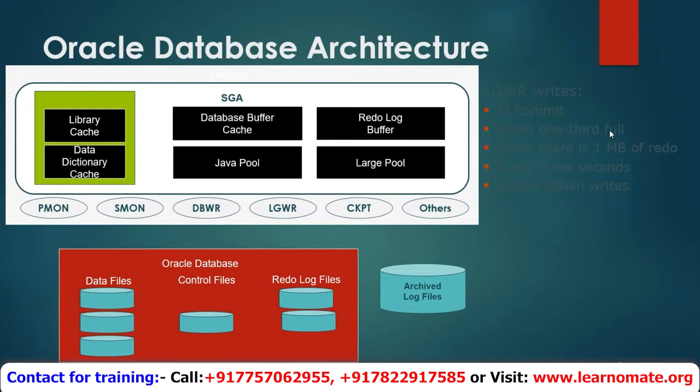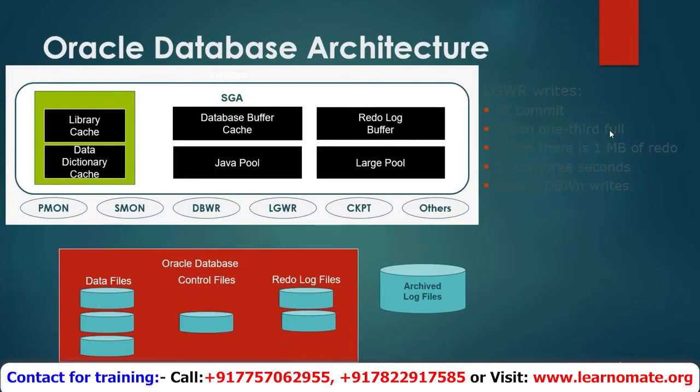Now, the redo log file is used for redo purposes. Whatever changes are happening in your database, those changes are recorded into redo log files. Any insert, update, delete, or any DDL transaction like alter, modify, all those are stored in the redo log.